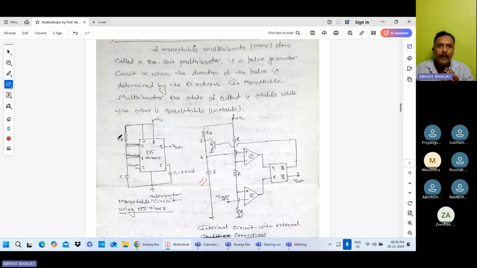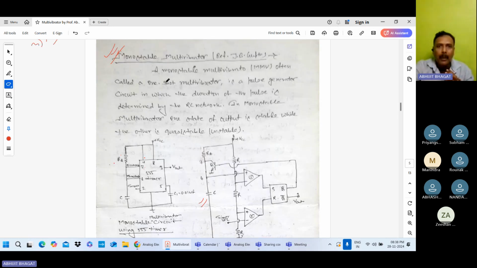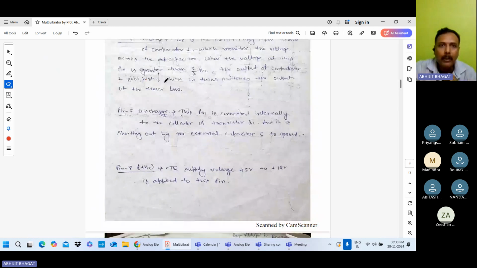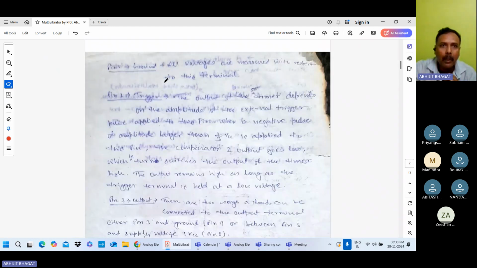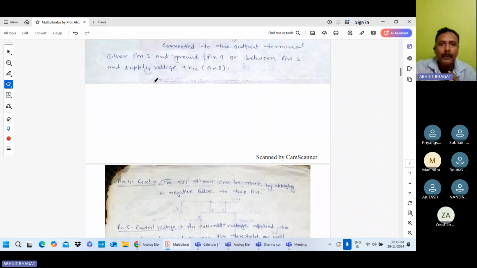Here two components, one resistor and one capacitor, are connected. This resistor is connected between pin number 7 and pin number 4. Pin number 7 is the discharge pin, and the capacitor is connected at pin number 6, and ground is pin number 1, I think. Just go through this pin number for the ground. Pin number 1 is the ground.